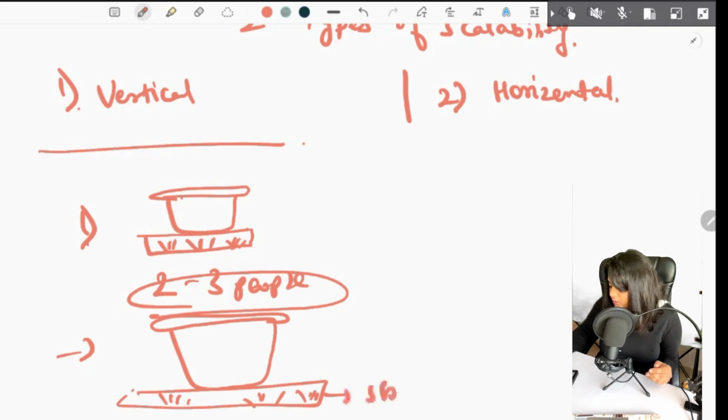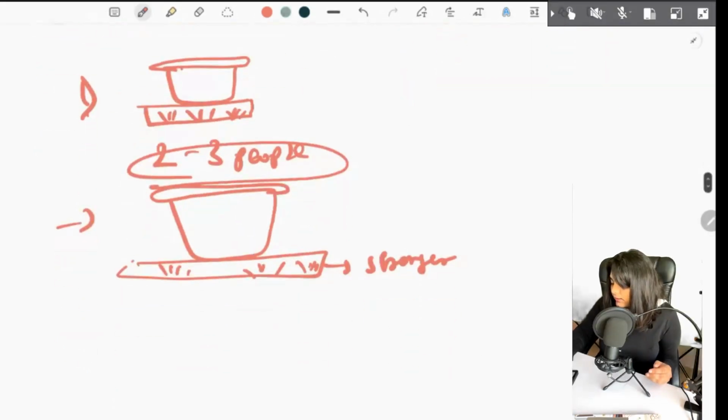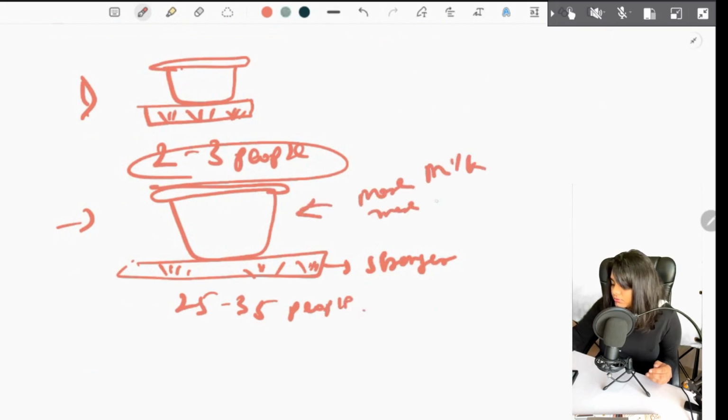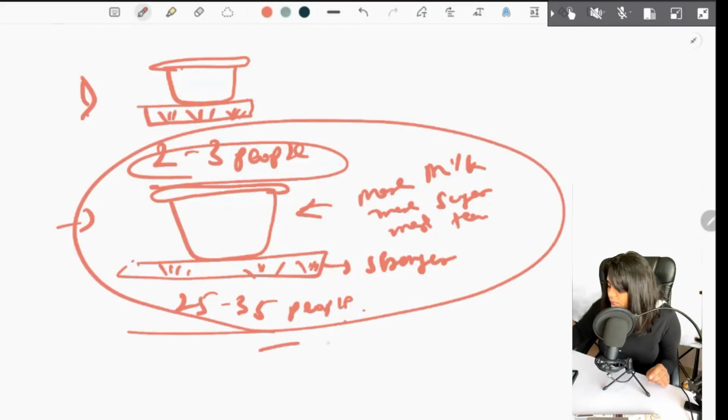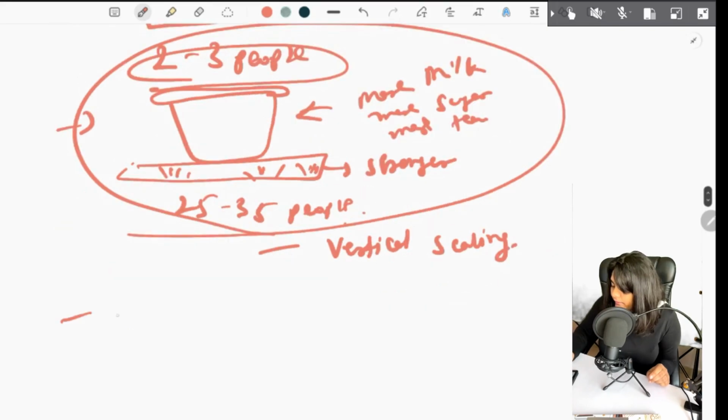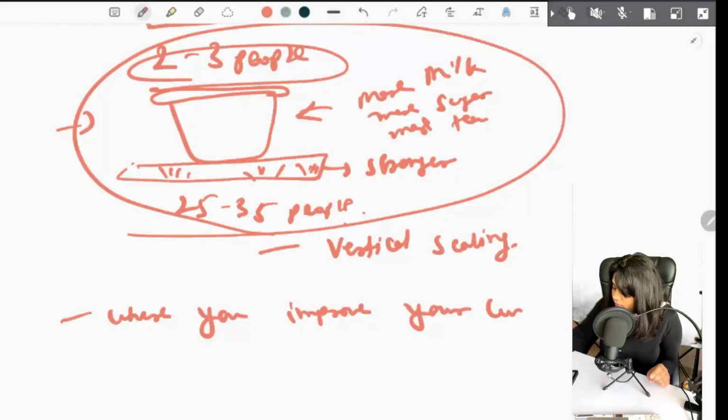Maybe it would be stronger. And you can serve 25 to 35 people. Okay, you might add more milk, more sugar or more tea. So this is vertical scaling where you improve your current resources.